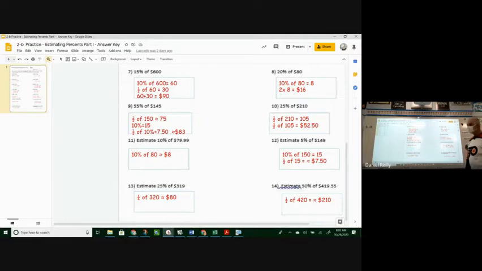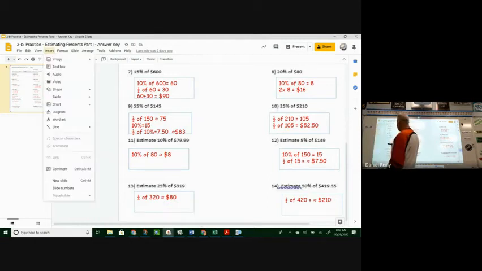Yes. How'd you get the equal sign to look like that? How did I put the squiggly equal sign in there? You have to insert a symbol. So you go to insert and is it symbols? Special characters, maybe? Where did I get that? I don't remember.